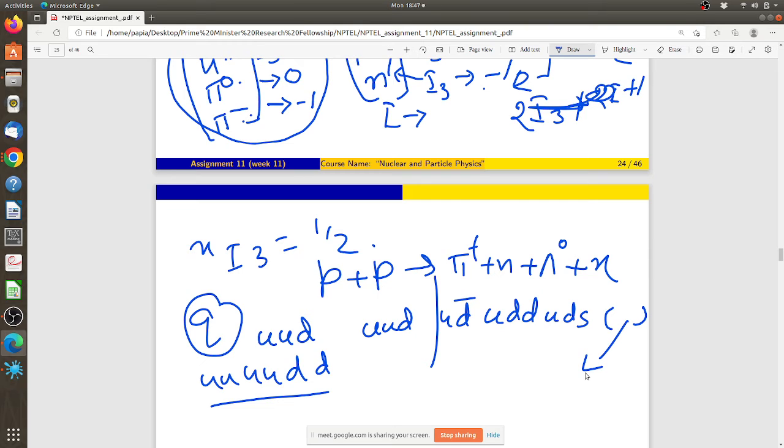That means it is not a baryonic particle. If it is not a baryonic particle, that means that type of qqq structure will not be there. And also it is not a lepton. That means only one choice is left, that it may be a meson. For meson, what was the q combination? It was q q bar. So a q q bar structure should be there for x.